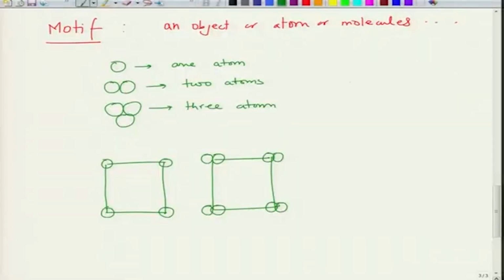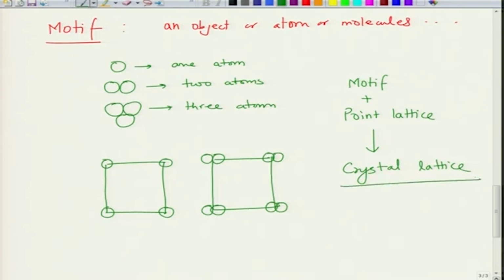they will all make what we call a lattice. So when you put this motif plus point lattice, then what we make is called a crystal lattice. So basically a crystal lattice is nothing but a combination of point lattice and motif, which in the case of solids is nothing but an atom or a group of atoms.